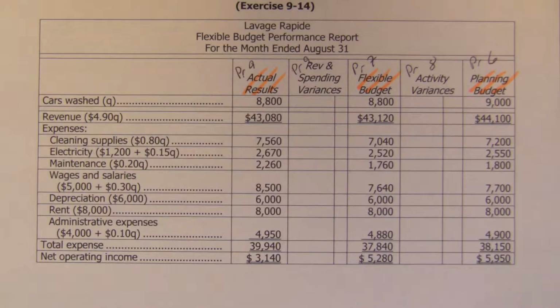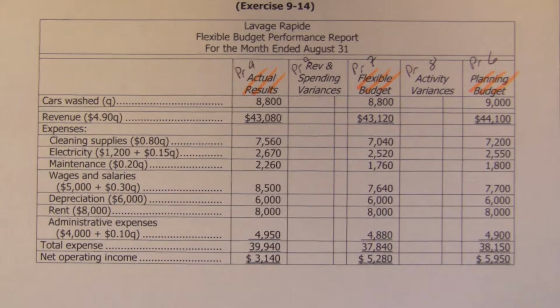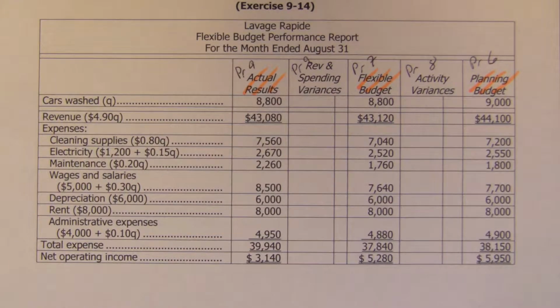And you need to put them all together, and this is a flexible budget performance report. This is what's going to be on your desk when you call your production team together and say, ladies, gentlemen, we need to talk. So I'm just going to fill in these numbers because you know where they came from.